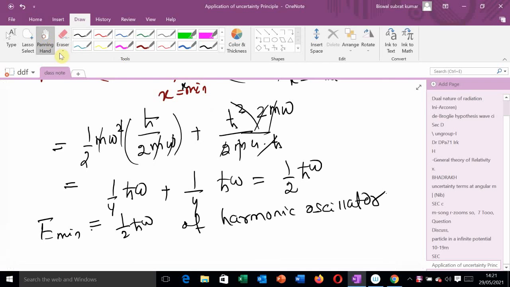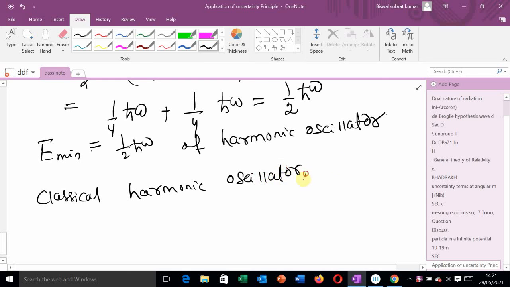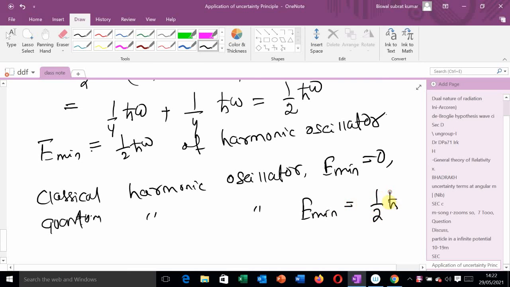So what does the conclusion of our calculation show? It shows that in the case of a classical harmonic oscillator, the E minimum is 0, but in a quantum harmonic oscillator, E minimum is half h cross omega.